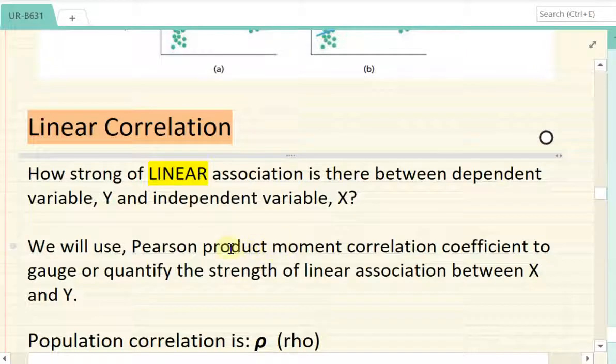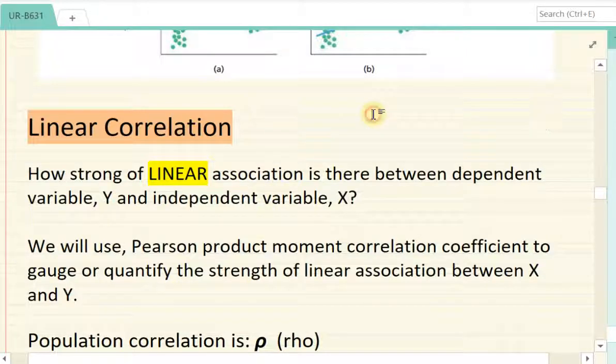The moments of a function have a specific definition. So don't worry about this part. So simply, correlation coefficient. So the answer to the question: we're going to use Pearson correlation to gauge or quantify the strength of association between X and Y.